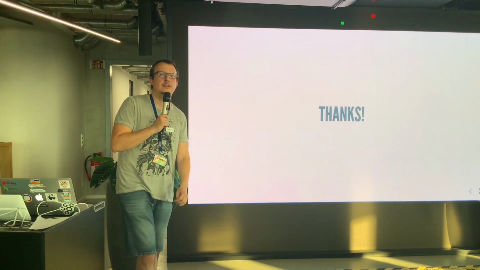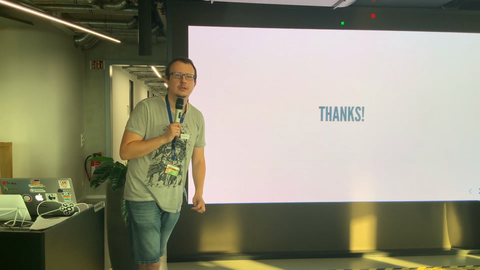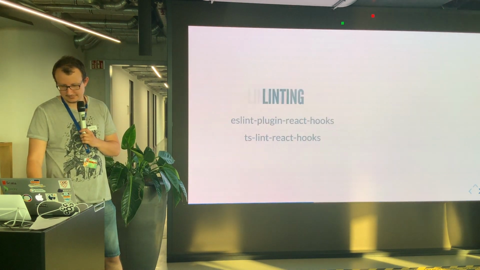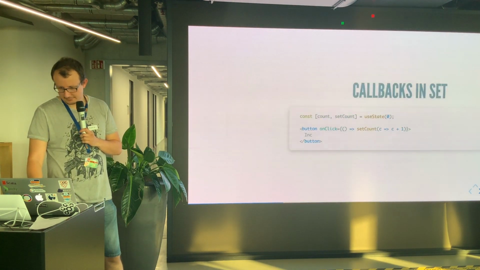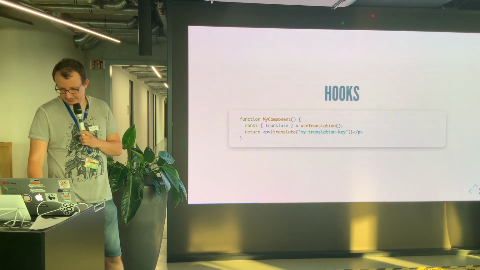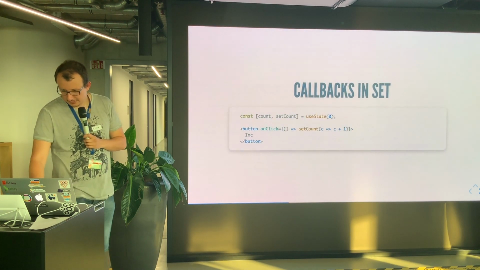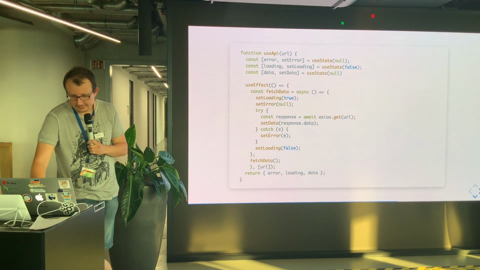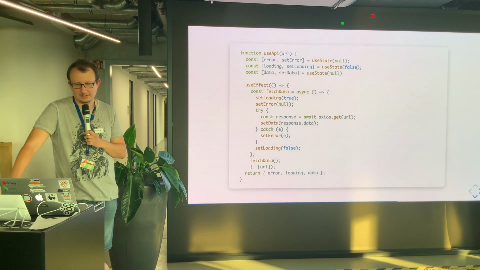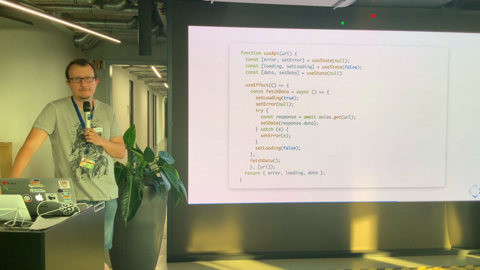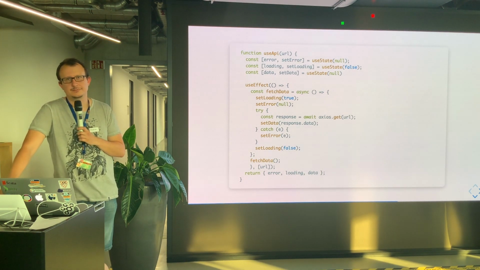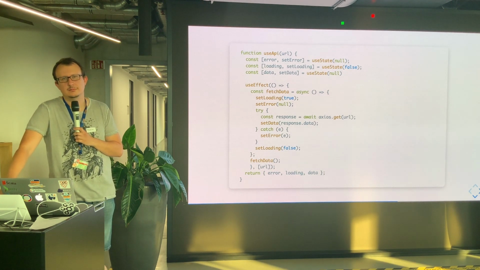Yeah, could you go back to the API example, the user API, where you first showed the hook implementation? Yes. My question is about possible performance problems. As far as I understand, user API is executed on every render, right?